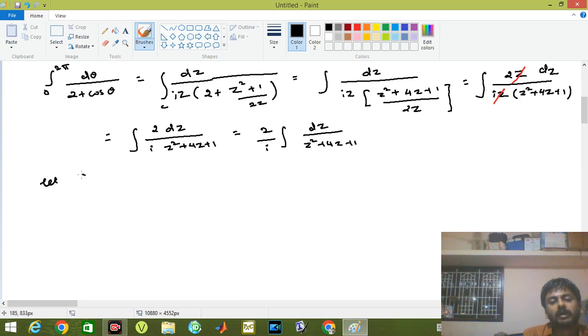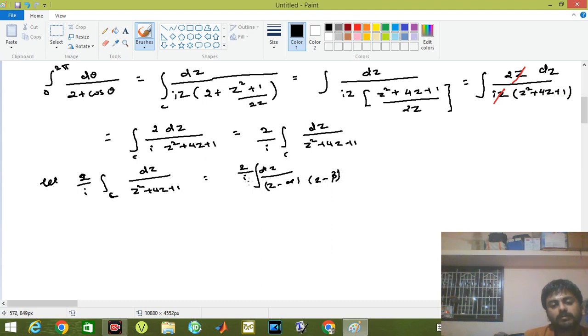Let 2 by i integral over c dz divided by z square plus 4z plus 1 equal to 2 by i integral dz divided by z minus alpha into z minus beta.